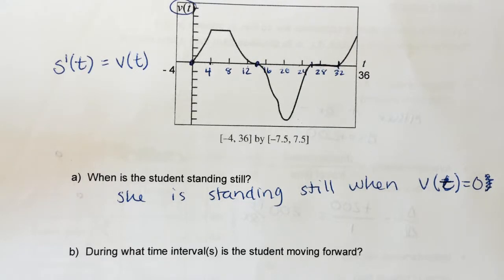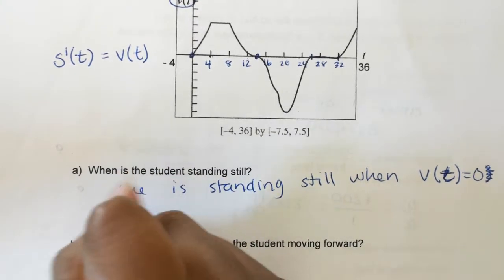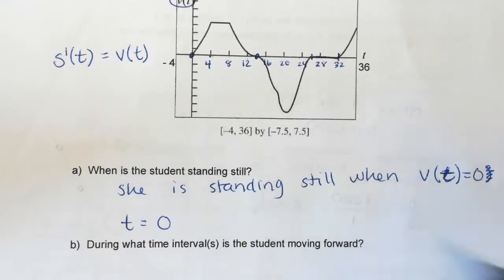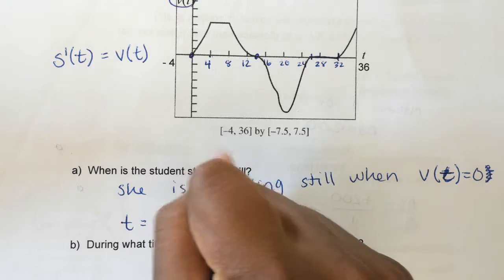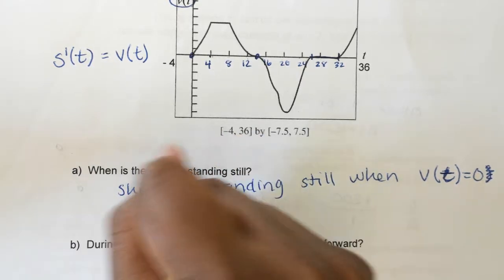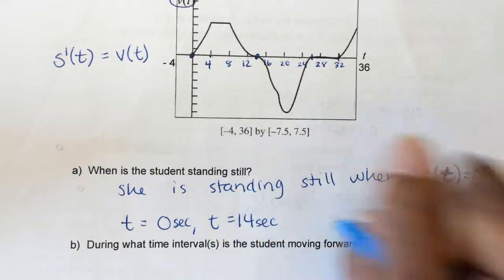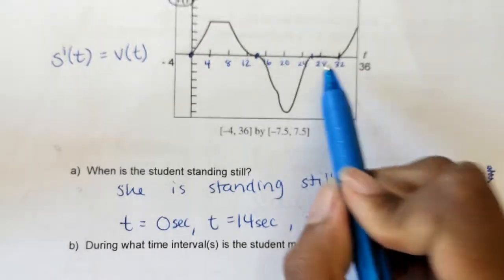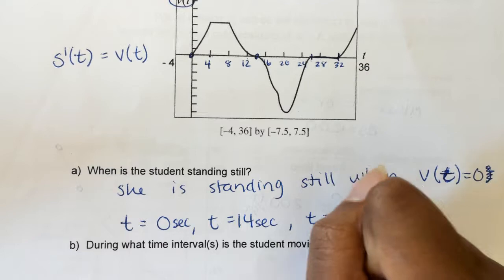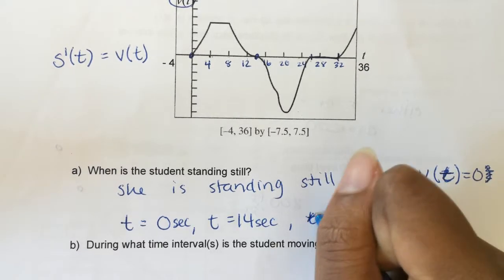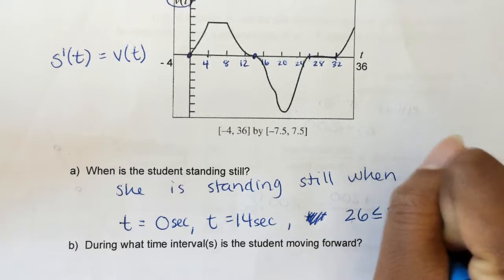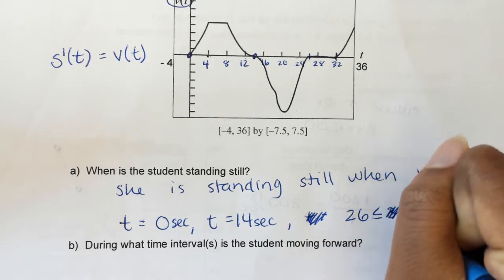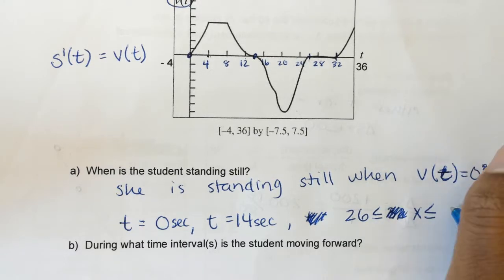So since those are when v of t is equal to 0, we know she's standing still at time 0, at about 14, and these are seconds, and from about 26 to 32. Notation, notation, notation.